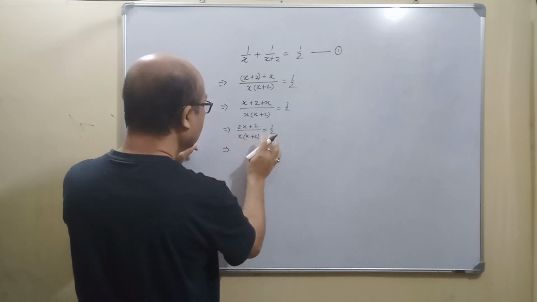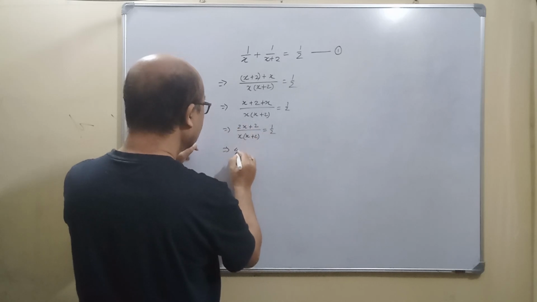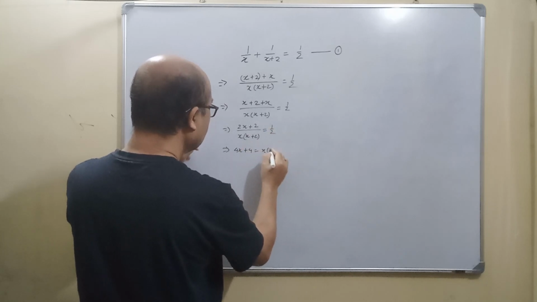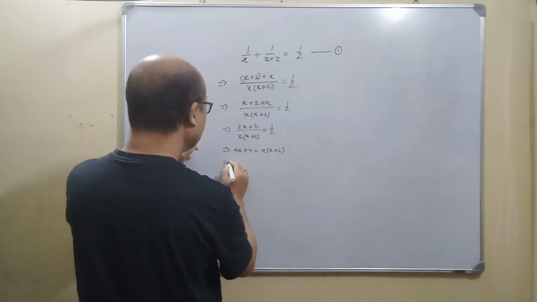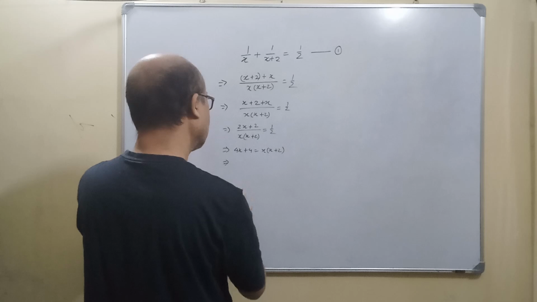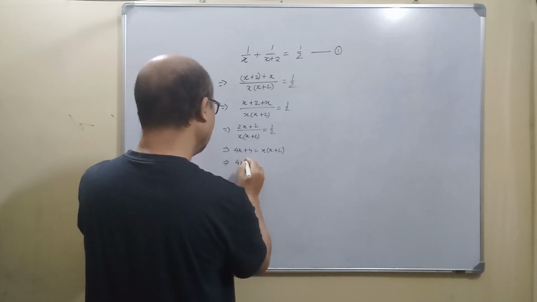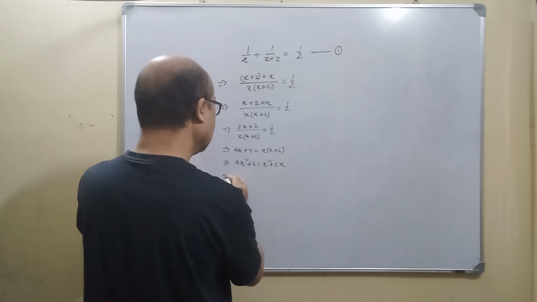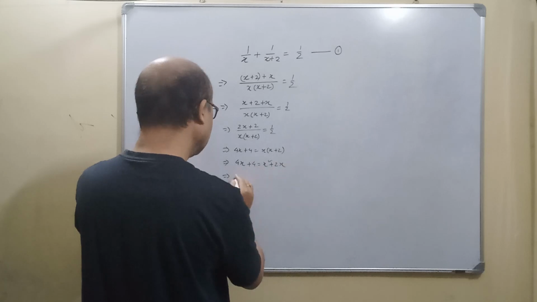Cross multiplying, we have 2 into this one, 4x plus 4. You cross multiply x into x plus 2. So we have 4x plus 4 is x square plus 2x. So let us shift it to this side.